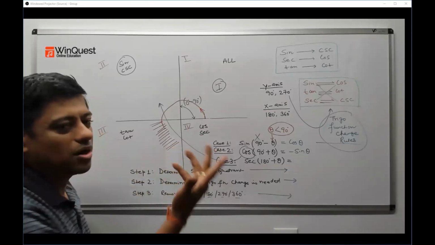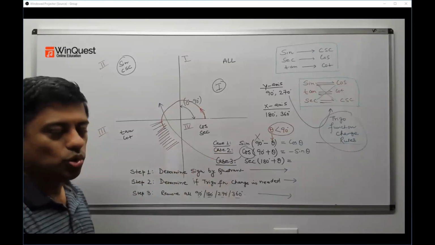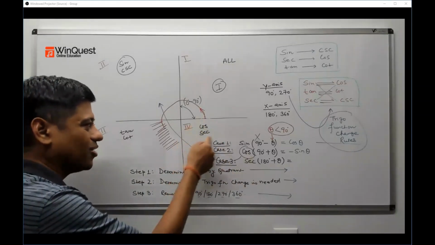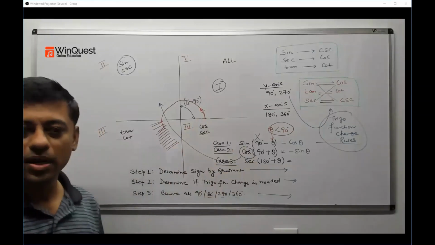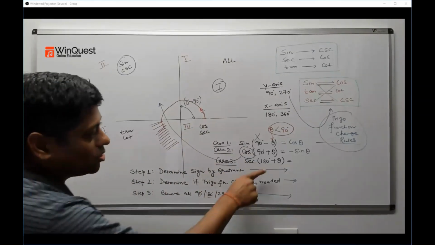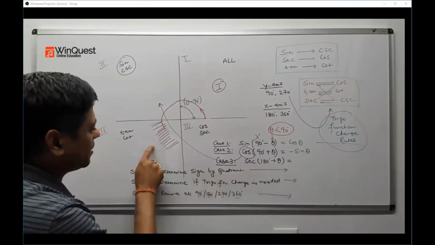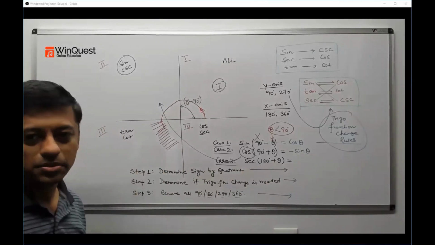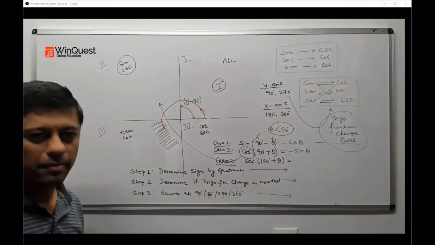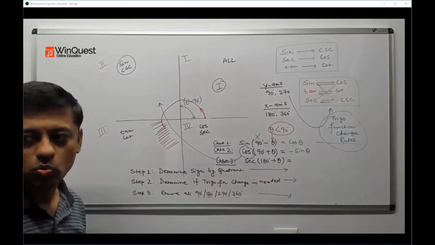You go, you're not welcome. You would have gone to cos and sec house, which is your house, you would have been welcome. But since you are carrying 180 degree plus theta, which is going here and going here, you're not welcome. Am I making sense? Yes.